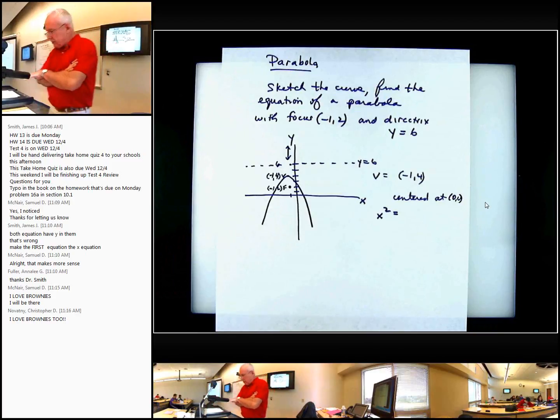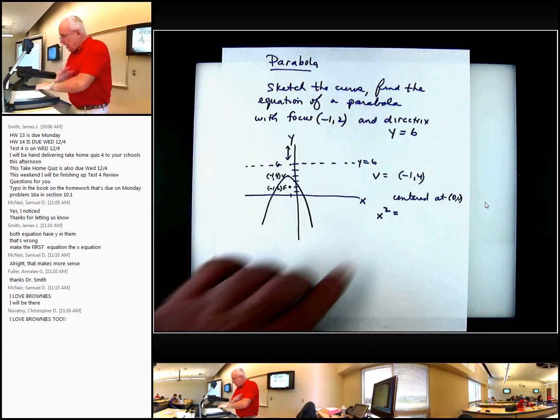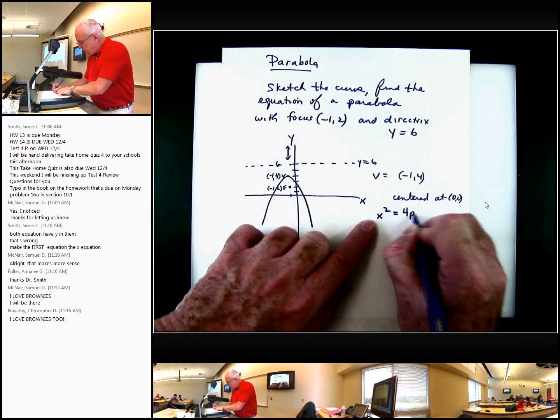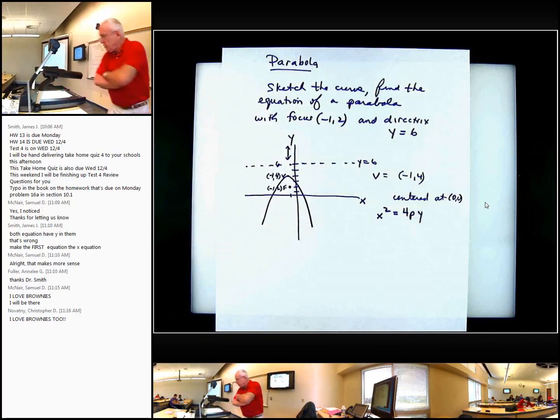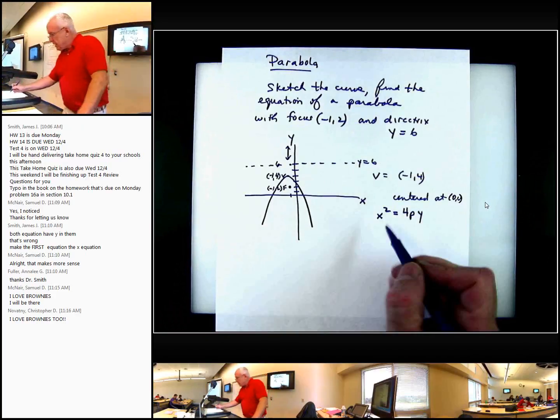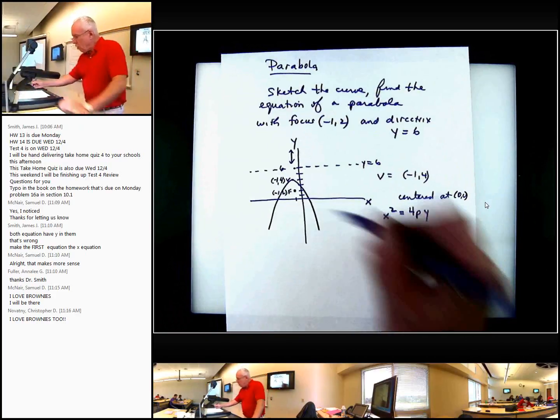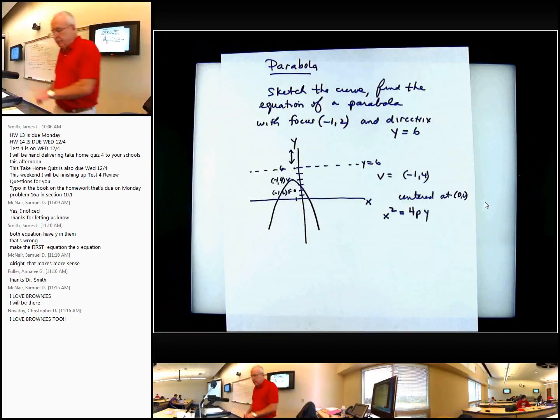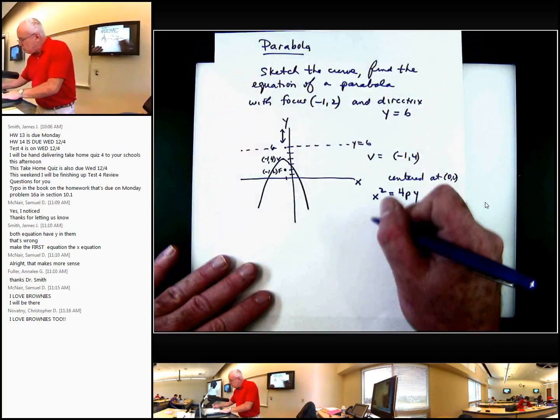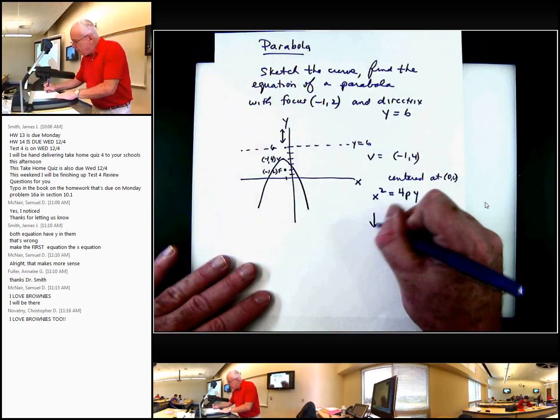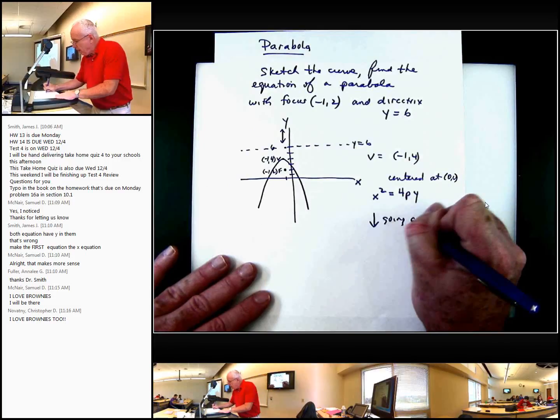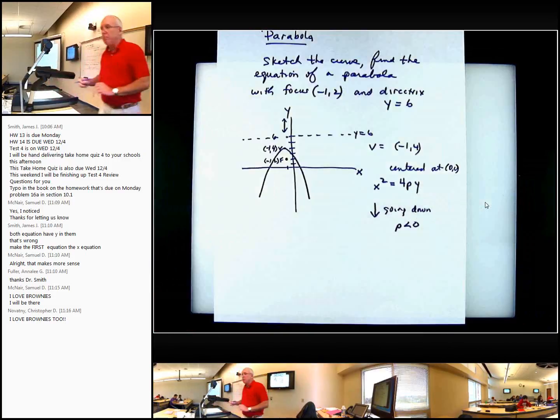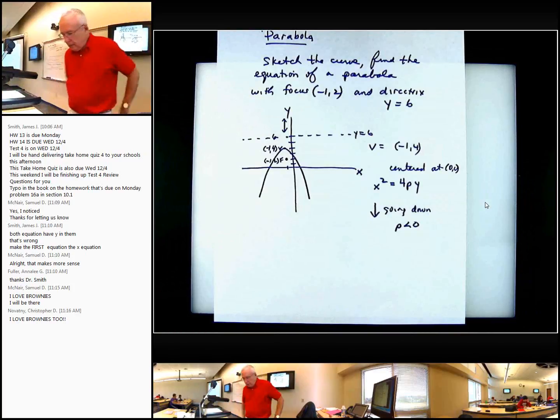So the basic formula that we had before, when we were just centered at 0, 0, was x squared equals 4p times y. All right. Because as the x values get bigger, our y values are going to get really big, and so it's going to be like this. Now, since it's going down, that p there is going to be a negative number. All right? Okay.